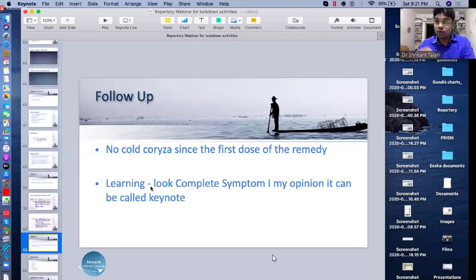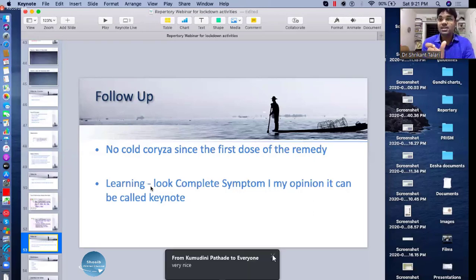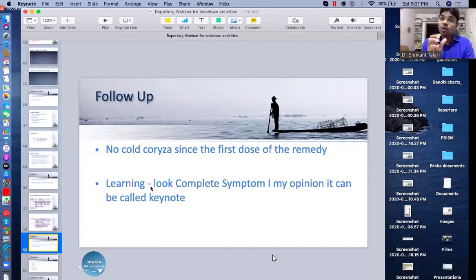So what I want to tell you from this case is, when you don't have 2, 3, 4, 5 symptoms, when you see that there is only one presenting symptom in the patient, that is the time we have to see how I can form a complete symptom out of this one symptom. However much you make permutation combinations, find a rubric which is connecting 2 or 3 of these aspects. Try to make it as complete as possible.